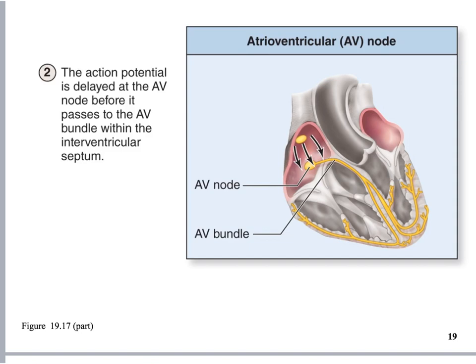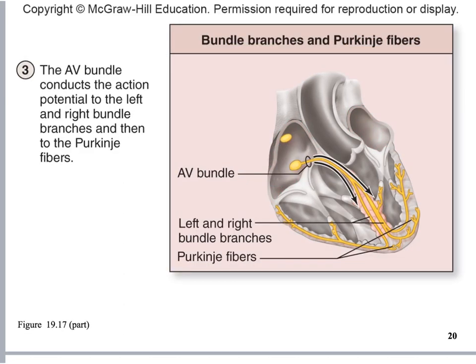Okay. And then it passes to the AV bundle, also known as the bundle of His, within the interventricular septum. That is a fast transmission through the interventricular septum down to the apex of the heart.